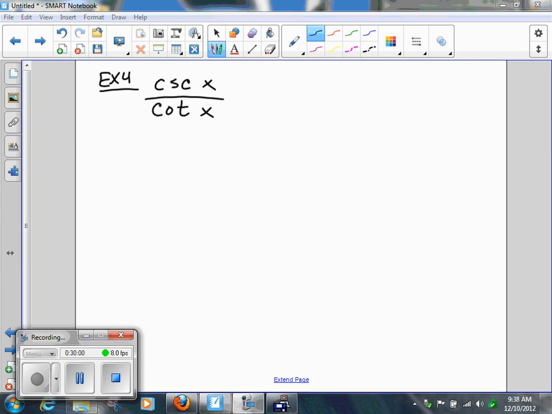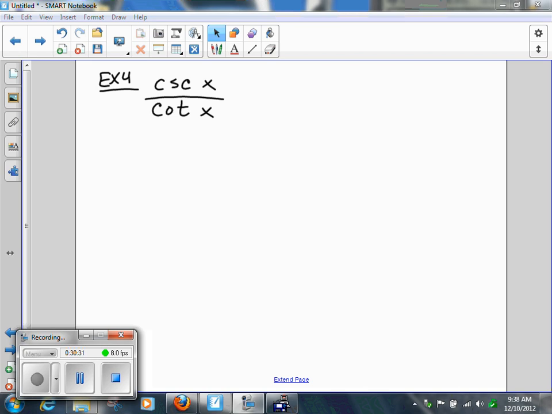x divided by cotangent. Now, what do you think I'm going to do with this? What do you think Miss Perry is going to do with this problem? Because it's division. How would I rewrite it? Before I'm able to multiply by the reciprocal, what do I call that? It is rewriting, you're right.